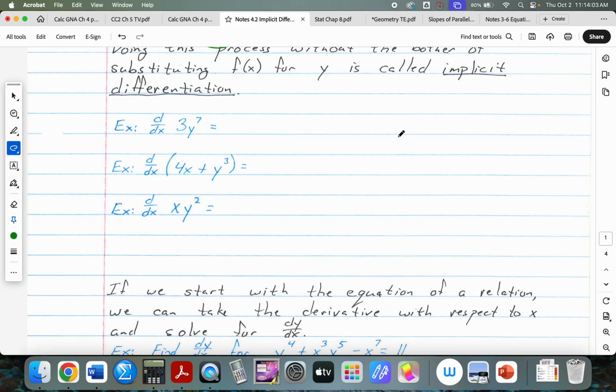So, for example, if you're taking the derivative with respect to x of 3y to the seventh, you start off just as normal. That'll be 21y to the sixth. But again, since these two variables don't match, we'll have to multiply times the derivative of the inside part. The inside part is the y. So we take the derivative of y with respect to x, that is dy dx.